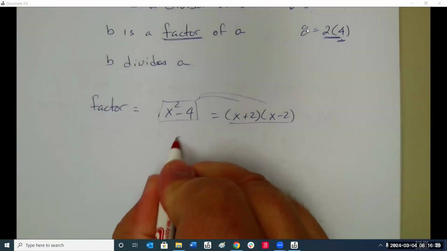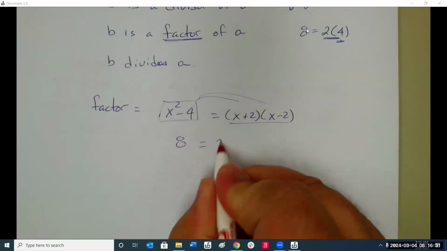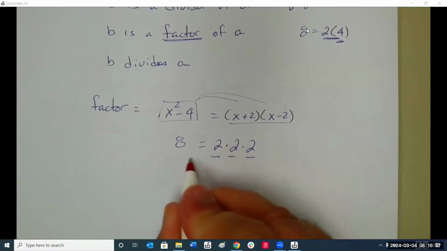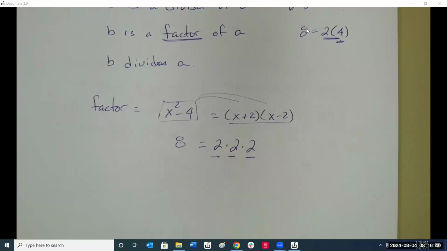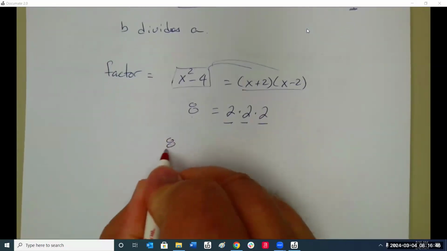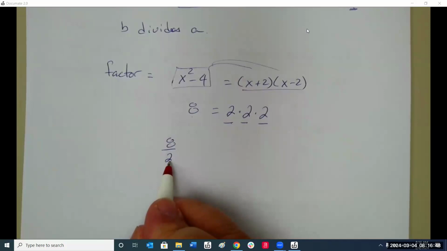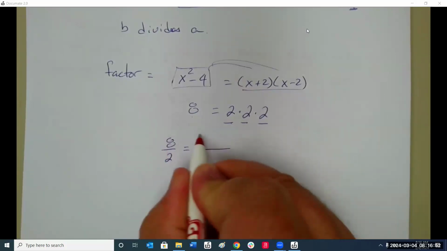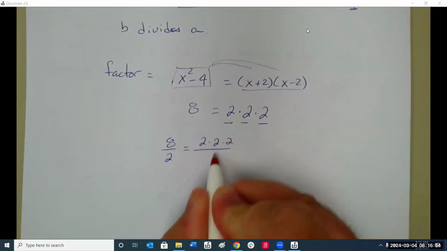Another one, 8 is made up of 2 times 2 times 2. These are the factors of 8. 8 breaks down to 2 times 2 times 2. How does that relate to what we're talking about here? Is 2 a factor of 8? Well, let's see. Let's break down 8 to its smallest pieces.